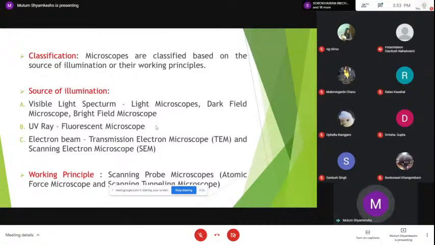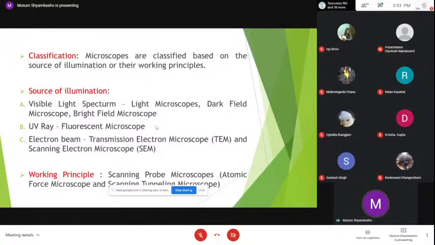And the scanning probe microscopes do not depend on these optical rules and optical theories. They are very different from the other microscopes in their working principle.